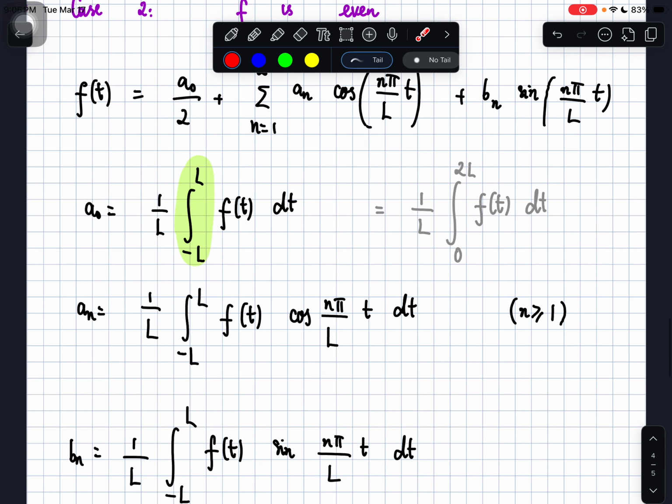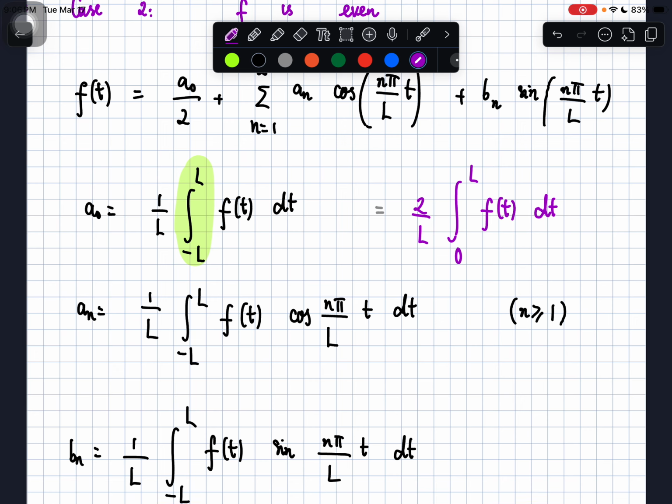For a0, this one is 2 over L times the integral from 0 to L of f(t) dt. Integral of an even function over a symmetric interval. So we take half of the interval and then we multiply by 2.